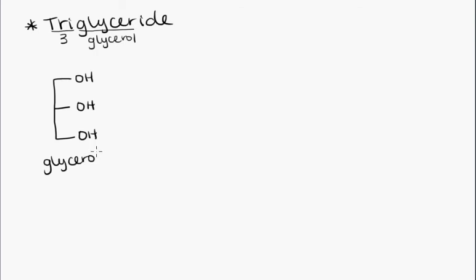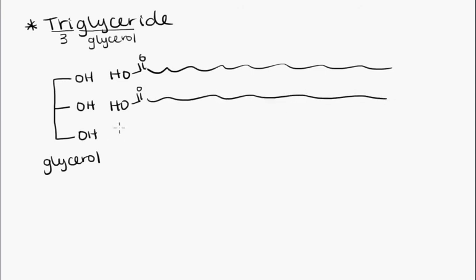And this is the backbone for polymerization of the fatty acids. So here's our fatty acid, big long chain. And you can see there's 3 OH groups, so there's spots for 3 fatty acids. Okay, and each one of these is going to combine like so.